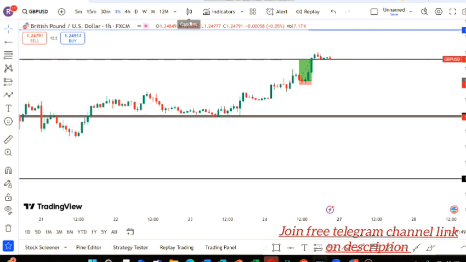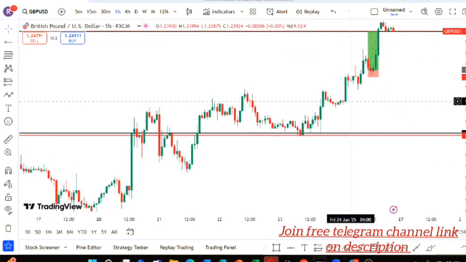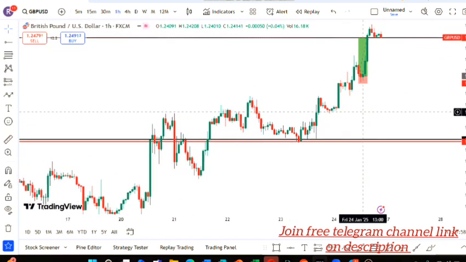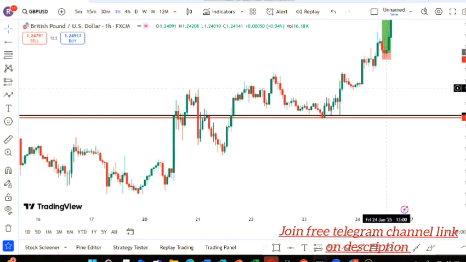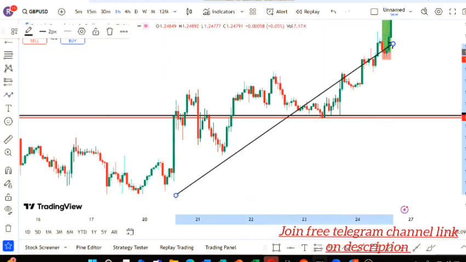If you go to the 1-hour time frame, I have deleted some of my analysis because I wanted the market to be clear. On the 1-hour as well, you can see the market was forming higher highs and higher lows, moving to the upside.